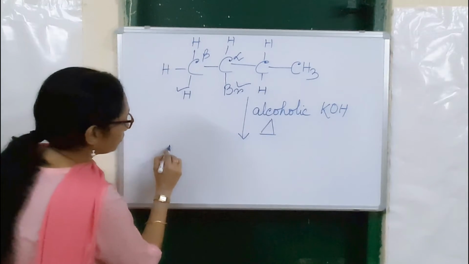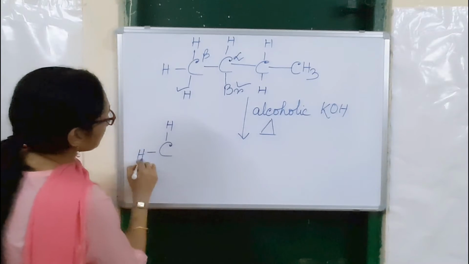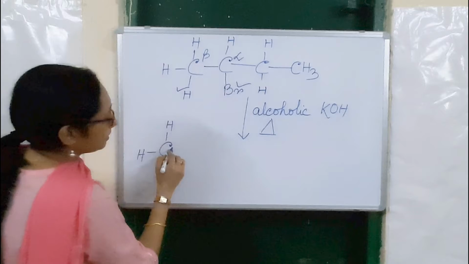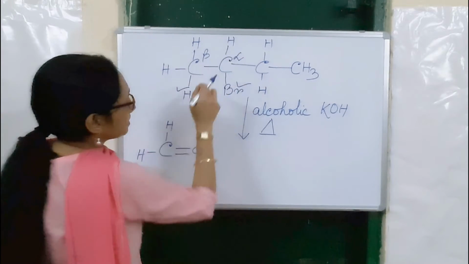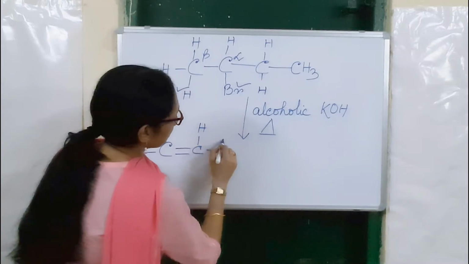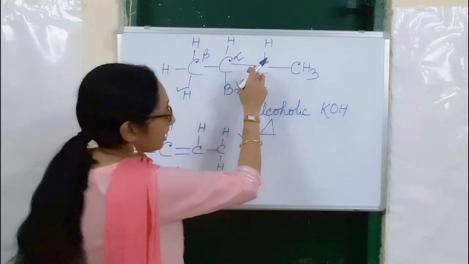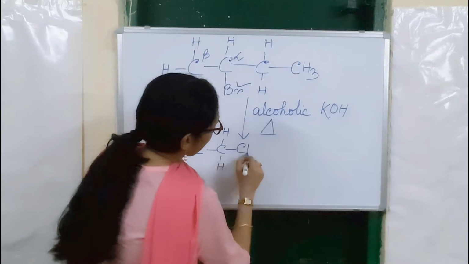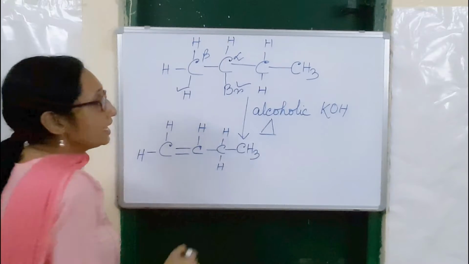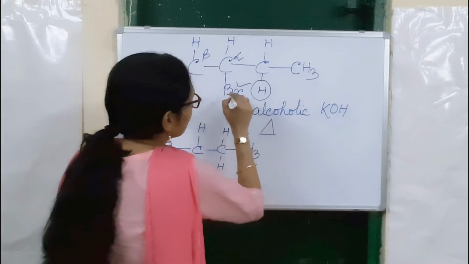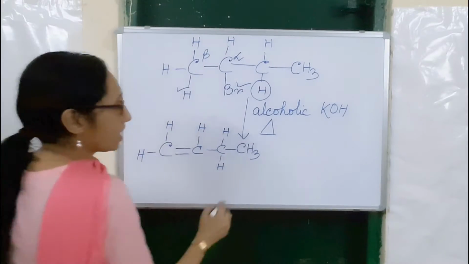So what will be the product? Here there will be a double bond. This is this hydrogen. This CH2 is untouched and this CH3. Now suppose this hydrogen and this Br is eliminated, then what will be the product?